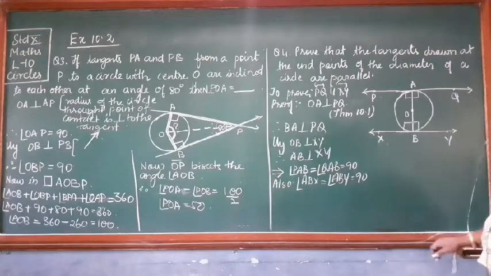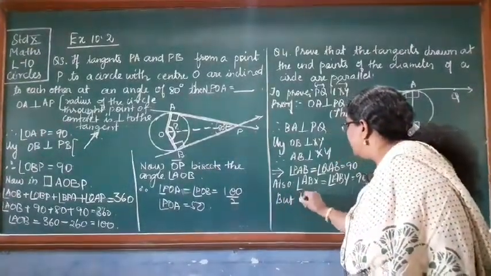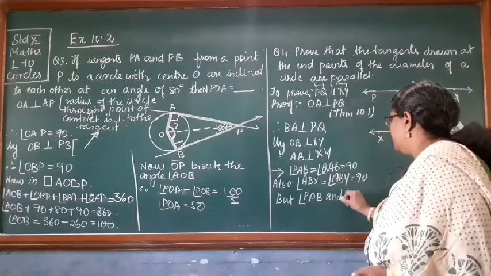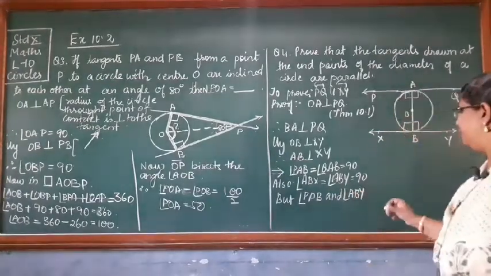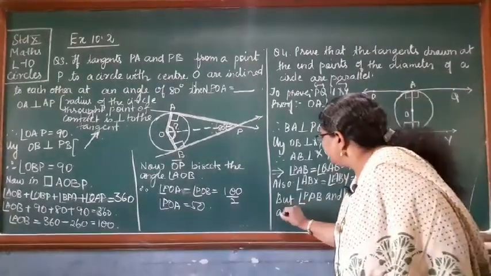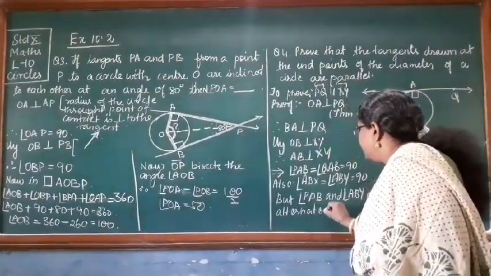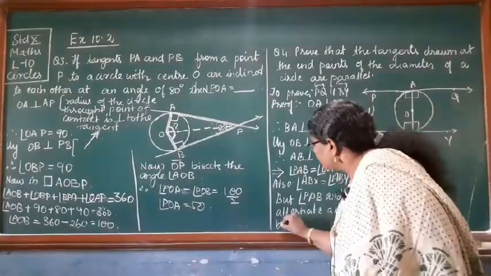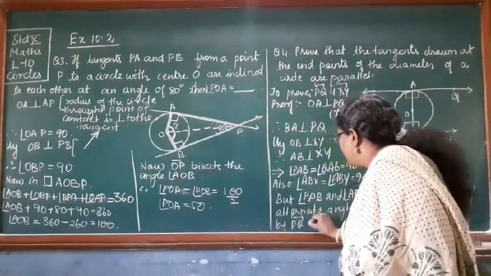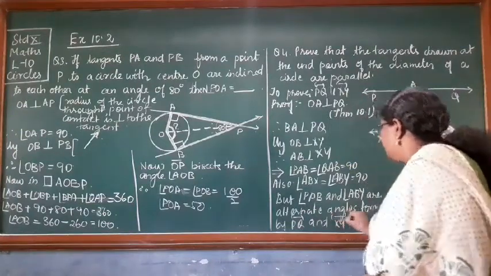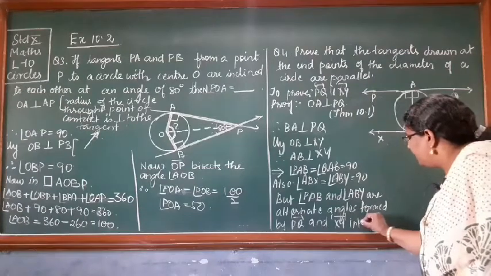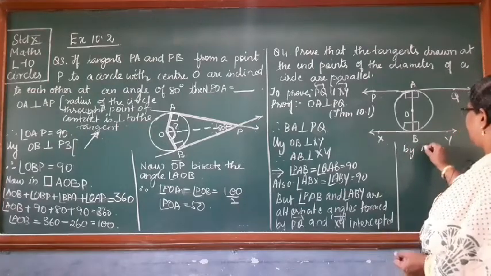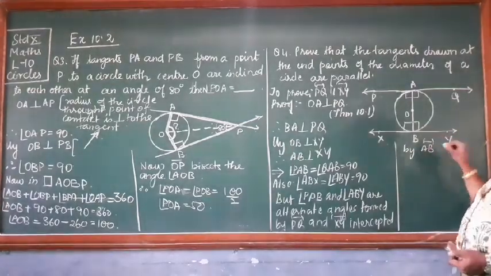So you can write here, angle PAB and angle ABY are alternate angles formed by PQ and XY lines intercepted by transversal AB.